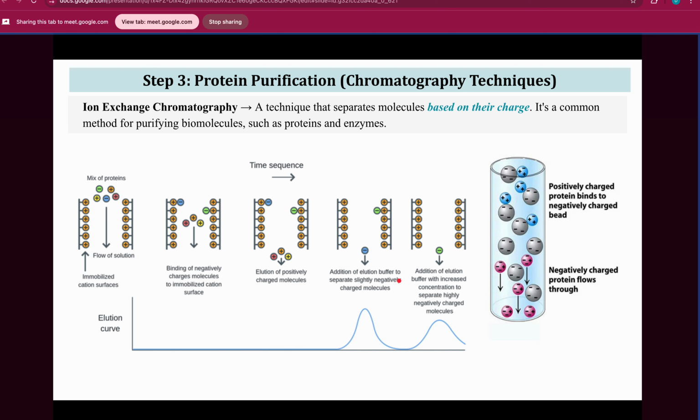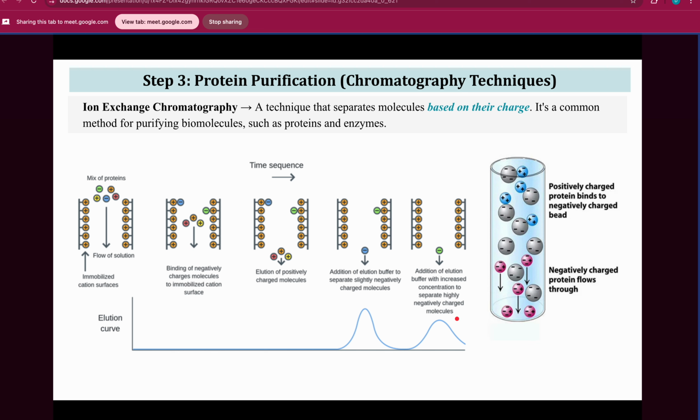Elution buffer is a liquid which helps the protein mixture to flow out of the column. We add it to separate the negatively charged molecules. The slightly charged molecules elute first, and ultimately the strongly, highly negatively charged protein molecules elute later.